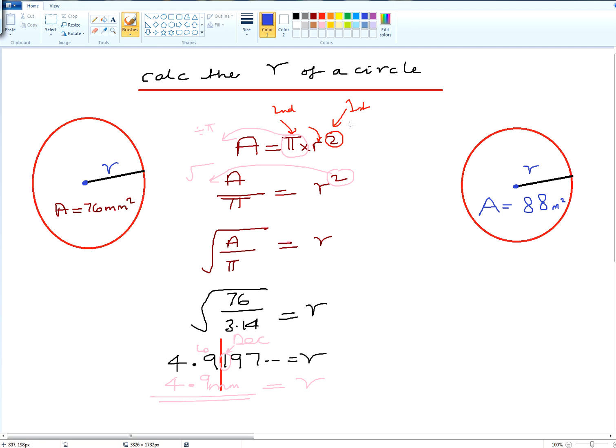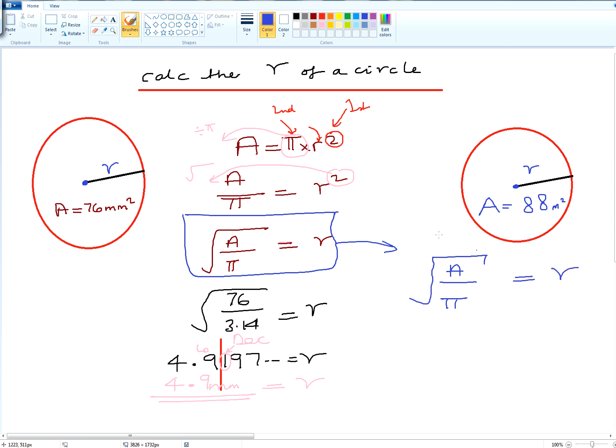Now I'm not going to rearrange all the equations again. I'm going to start at this level here. Now that we know what the formula is, I can just grab the formula and bring it over, because that's the formula that we rearranged. Now let's put the values in. What is the area in this question? It is 88. And what is the pi value to two decimal places? 3.14. Then square root it all, and that will give us the radius.